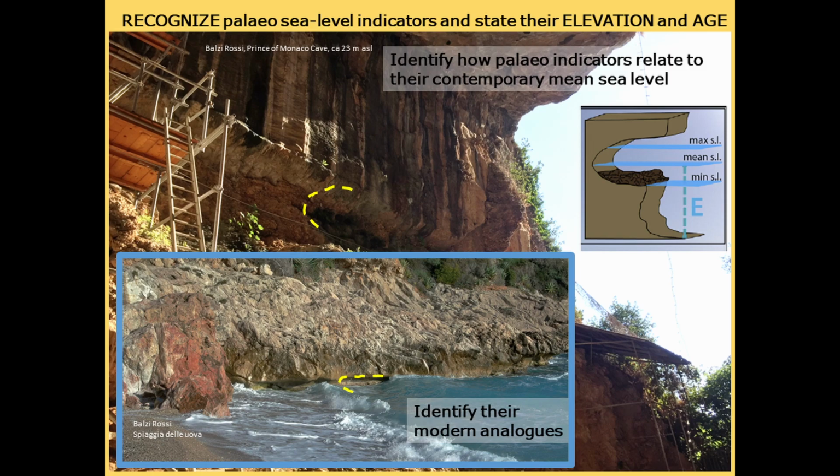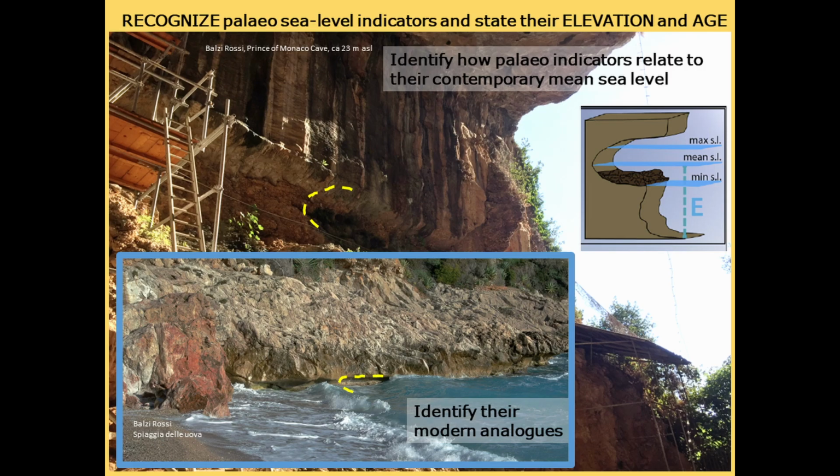In this slide, I show you an example from Balzi Rossi, one of the most common types of geomorphological indicators of paleo sea level, which is the notch. The notch is what you see in the big photo as a relict landform, and you see the same notch as an active landform.